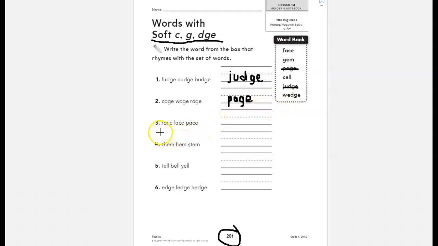Next, on number 3, we had the words race, lace, pace, and what did you get? Face. On number 3, the word face rhymes with the words lace, race, and pace.